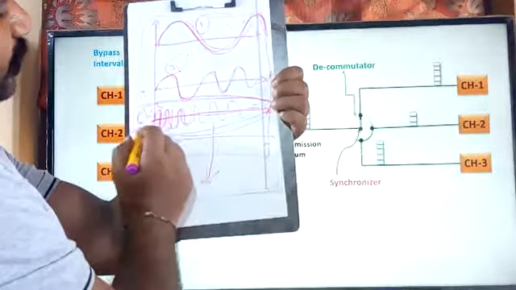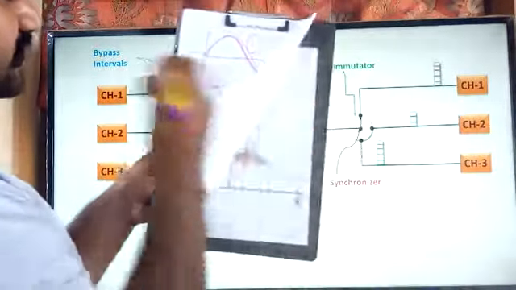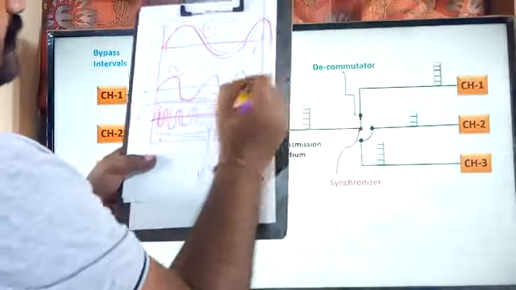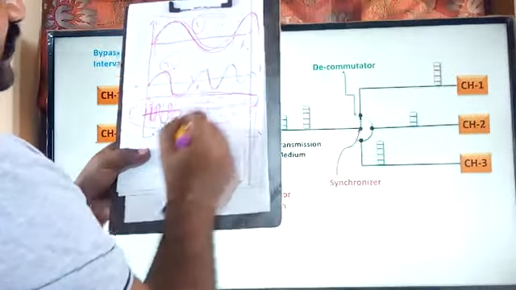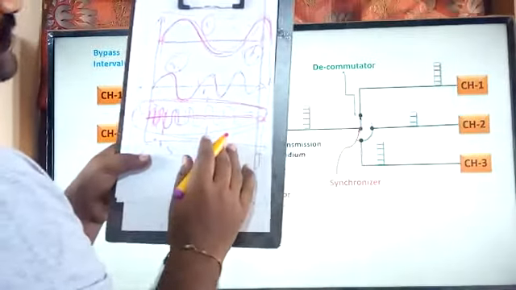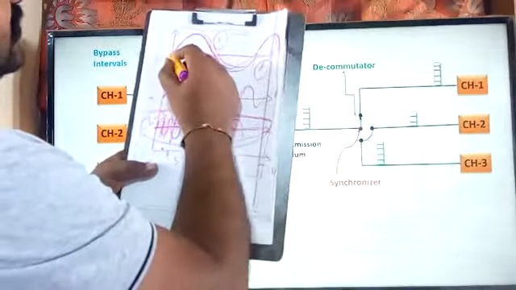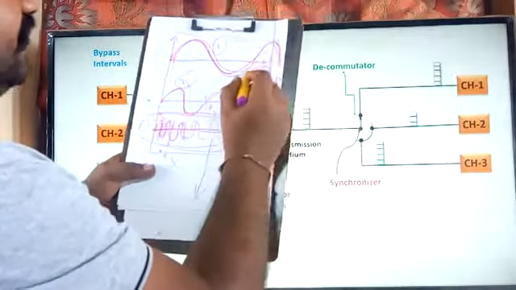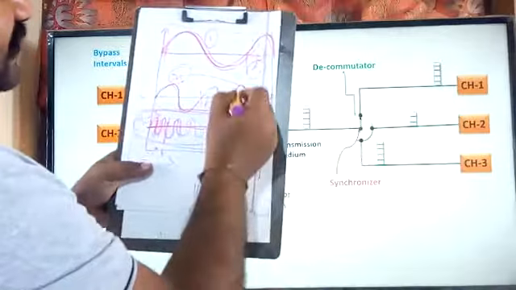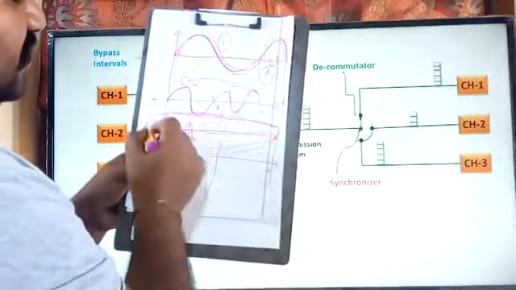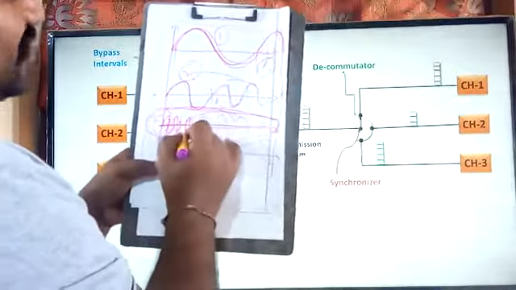Now, if I am allocating some period, let us suppose this is a t1 time period, this is a t2 time period, this is a t3 time period. If I am taking the t1 time period for sampling, within this variation we have so many variations in channel 2 and many variations in channel 3.